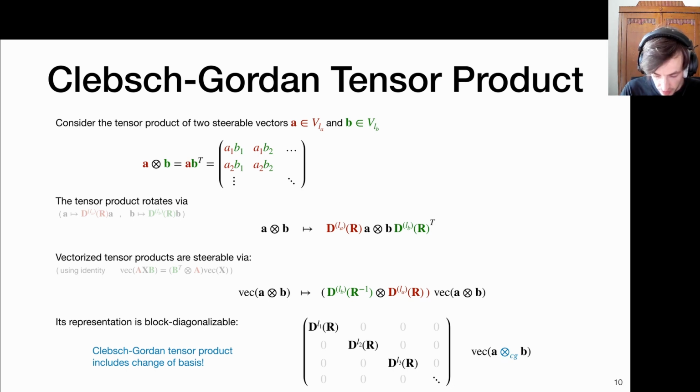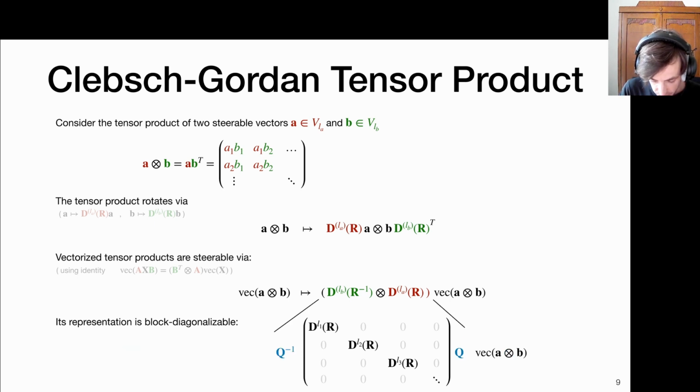Because when computing this Clebsch-Gordan tensor product, with all this multiplication, I can also at the same time encode this change of basis, which is really a linear transformation in itself. So I might as well incorporate that in our bilinear Clebsch-Gordan tensor product. Okay, so the Clebsch-Gordan tensor product incorporates this change of basis such that the output vector is directly placed in a basis which is transformed in this block diagonal form via irreducible representations.